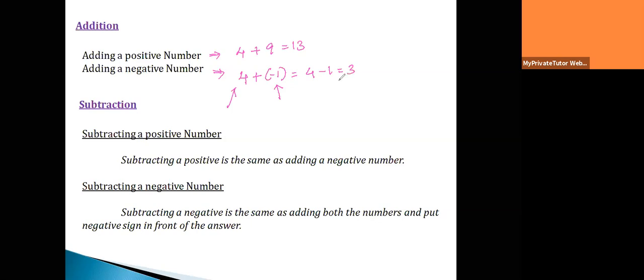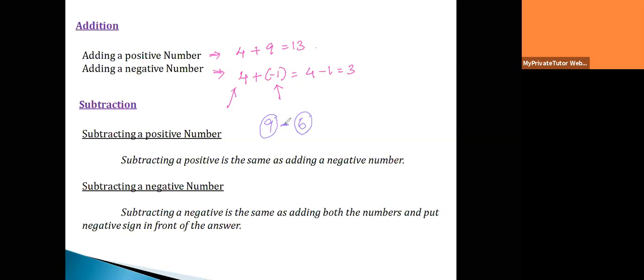In subtraction, how does it work? Subtracting a positive number. For example, let's take the number 9. You are subtracting a positive number: 9 minus 6. See, 9 is a positive number, that's fine. We are subtracting a positive number.